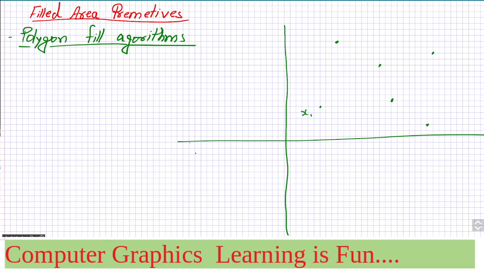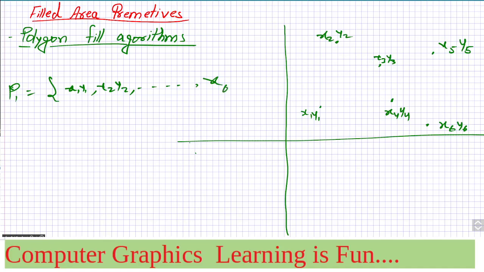Suppose it is x1 y1, x2 y2, x3 y3, x4 y4, x5 y5 and x6 y6. So it will be given in a sequence. So this polygon, suppose I am calling it p1, will be a sequence of these coordinates: x1 y1, x2 y2, and so on to x6 y6.